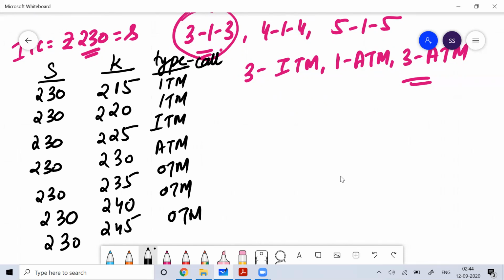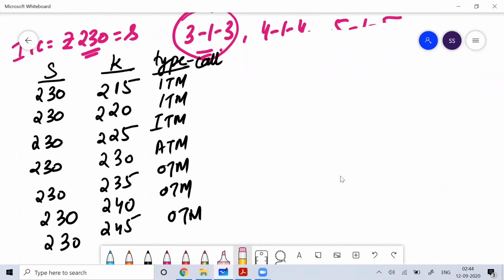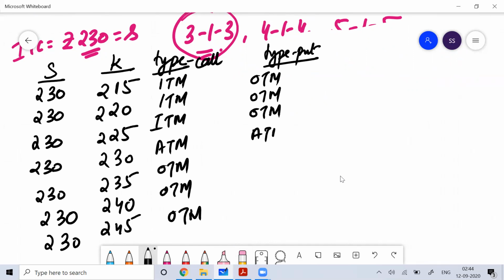Similarly, if I talk about put options, they can be out of the money, then at the money, then in the money. It depends upon the call option and put option.